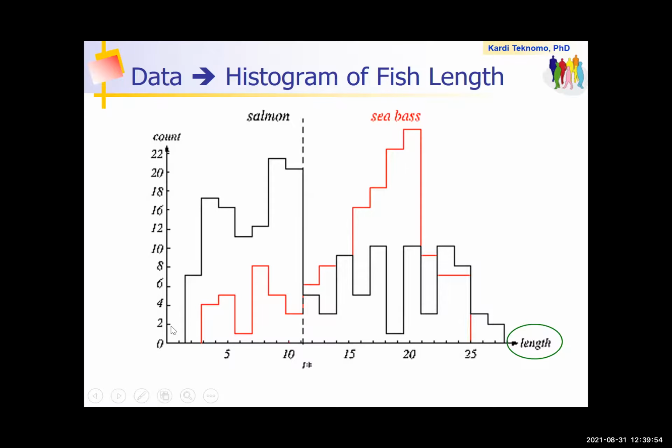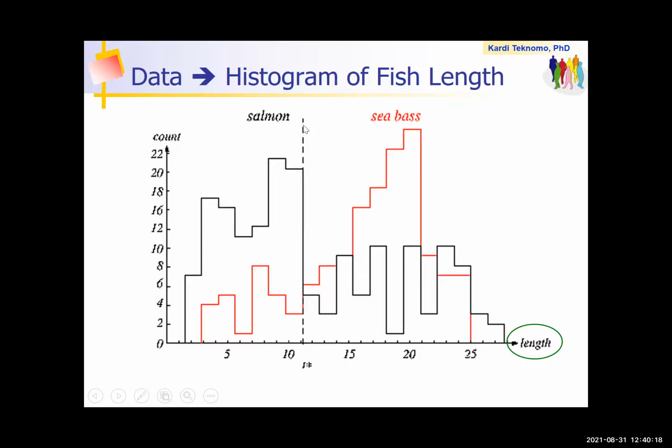On the horizontal axis is the length, in centimeters. If you look at the distribution, they are overlapping, right? So for salmon and sea bass, if you use only length, you cannot distinguish.